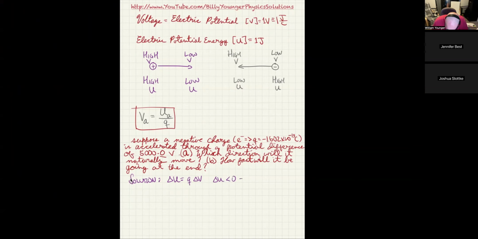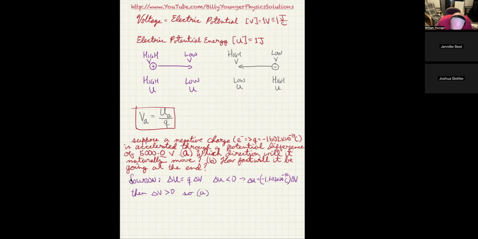And in order for that to happen, negative delta U is negative 1.602 times 10 to the negative 19th coulombs times the change in voltage. Because we see that's what's going on, if delta U is less than 0, then delta V has got to be greater than 0.